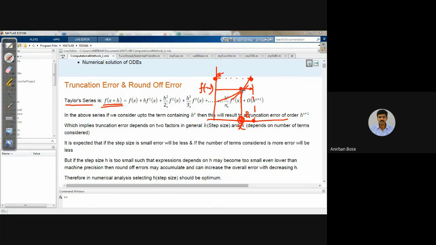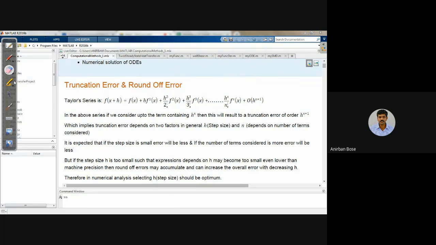So in terms of the different higher order derivatives and the functional value at x, it is possible to express the functional value at x plus h. So this is what is the Taylor series.